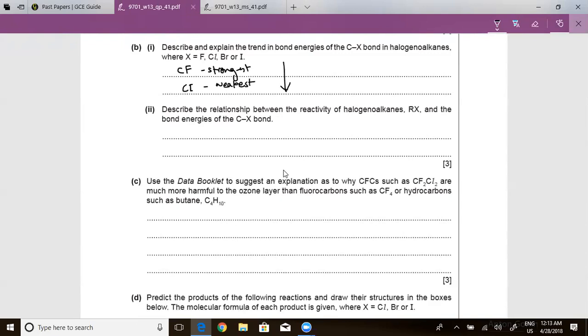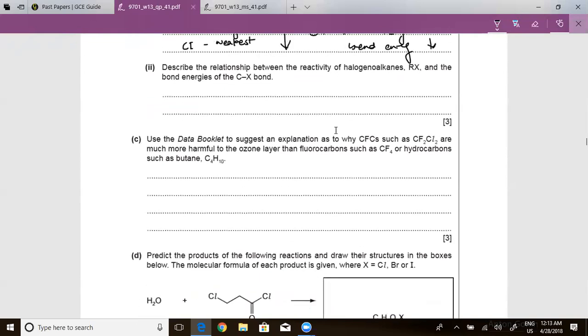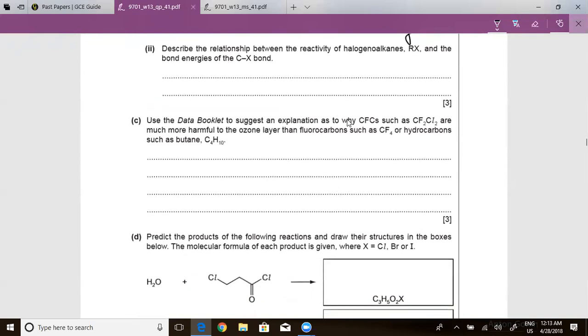So the bond becomes weaker, so bond energy is less endothermic. C-X की bond length increases. Basically, लंबा करते तो weak हो जाता है, so टूट जाता है. मतलब bond energy decreases.